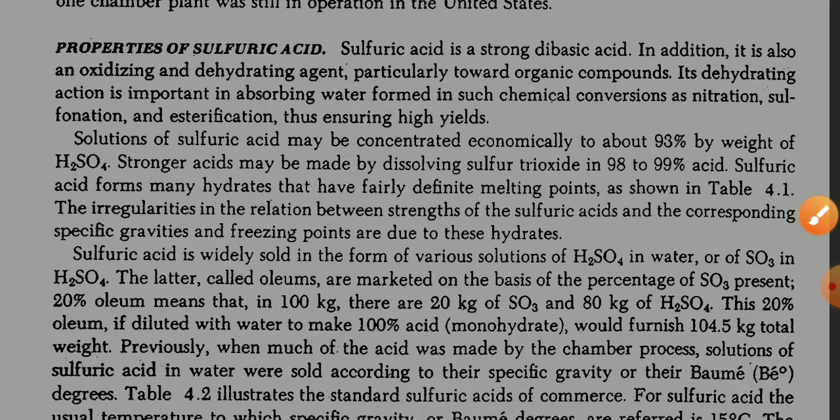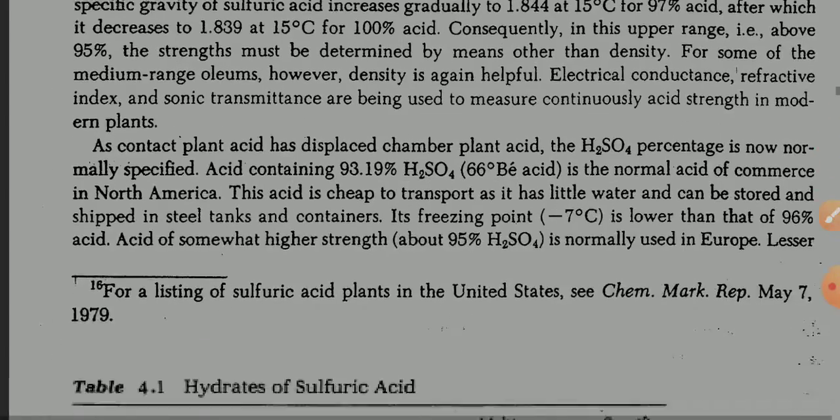Stronger acid may be made by dissolving sulfur trioxide, giving 98 to 99 percent acid. Which one? The sulfuric acid. And sulfuric acid forms many hydrates that have fairly definite melting points, which we will see in Table 4.41.